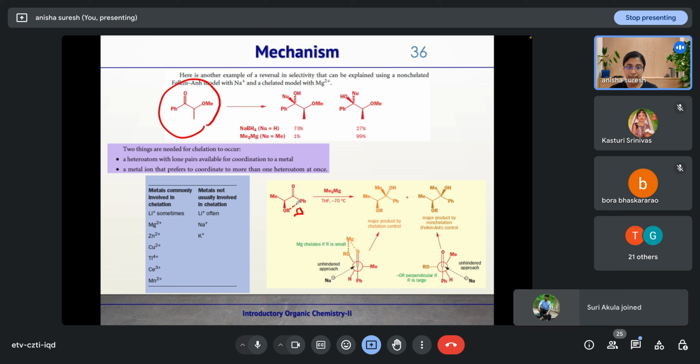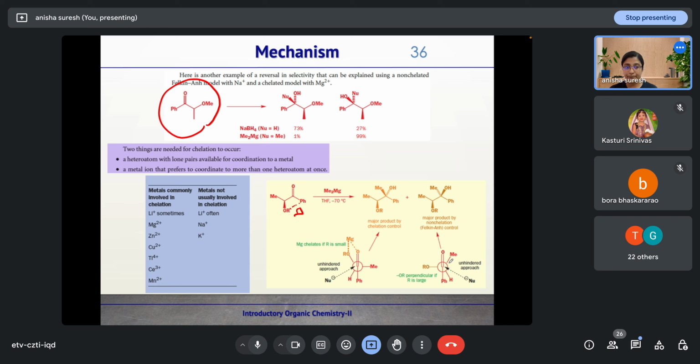So we are looking in this fashion. We can draw the Newman projection according to Cieplak model like this. The OR group should come perpendicular to that of the carbonyl group for the reaction to take place according to Cieplak model. And when the hydrogen is on this side, then the nucleophile can have an unhindered approach.